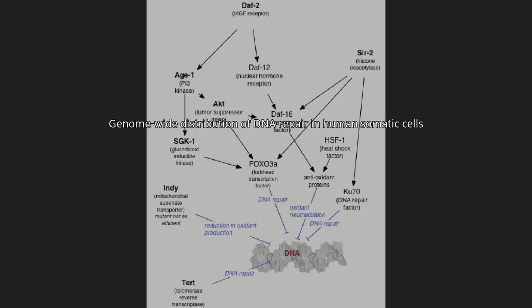Genome-wide distribution of DNA repair in human somatic cells. Differential activity of DNA repair pathways across various regions of the human genome causes mutations to be very unevenly distributed within tumor genomes. In particular, the gene-rich, early replicating regions of the human genome exhibit lower mutation frequencies than the gene-poor, late replicating heterochromatin.